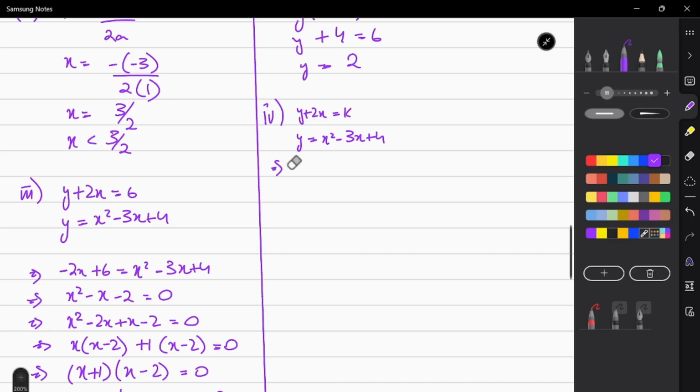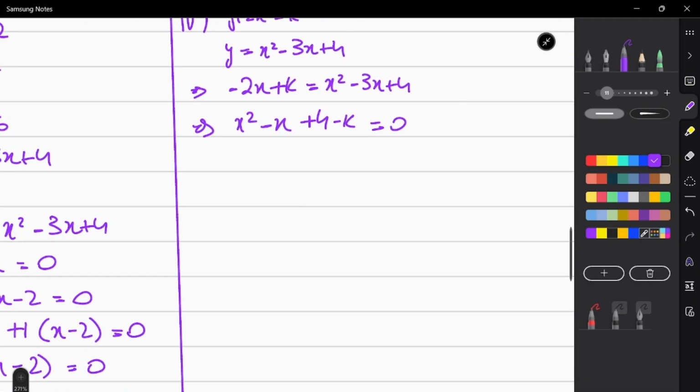And here we're going to be equating the two once again. So with this equation, we're going to be now finding the discriminant. b squared minus 4ac is equal to 0.